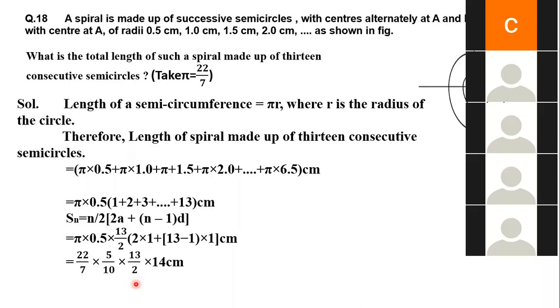Correct, it's correct. Pi value is 22 by 7, 0.5 we take as 5 by 10, and this 13 by 2. Here 2 into 1 is 2, and 13 minus 1 is 12, 12 plus 2 is 14.